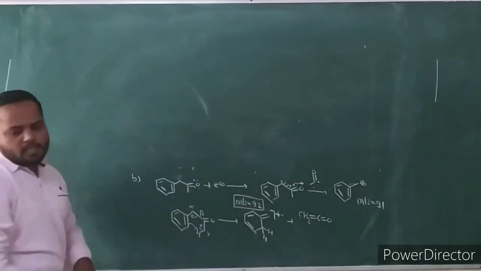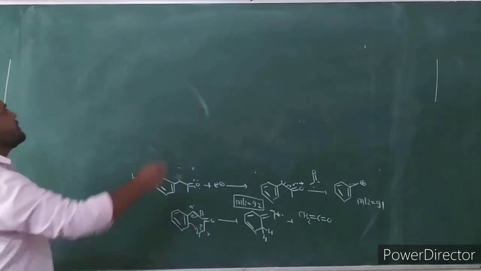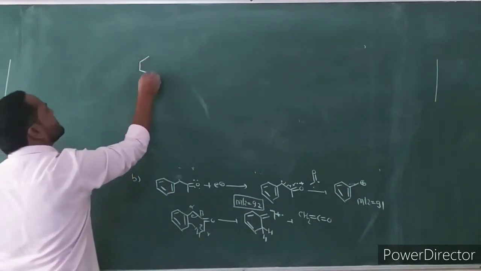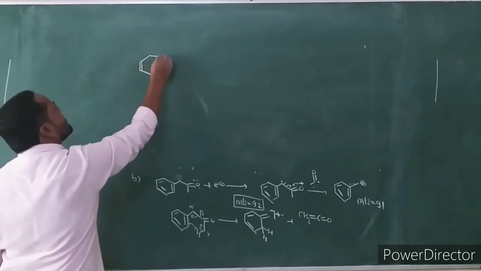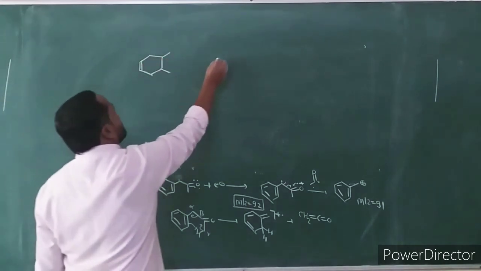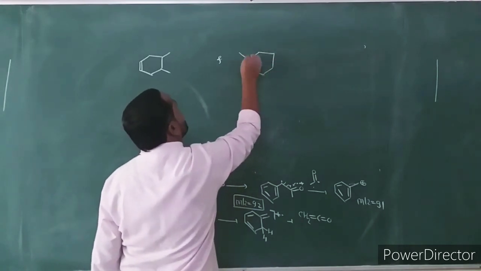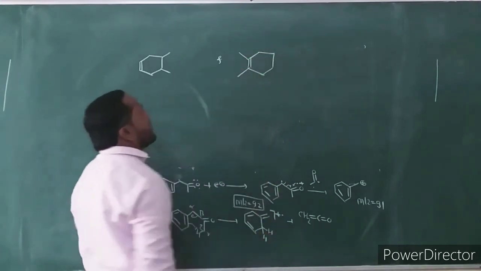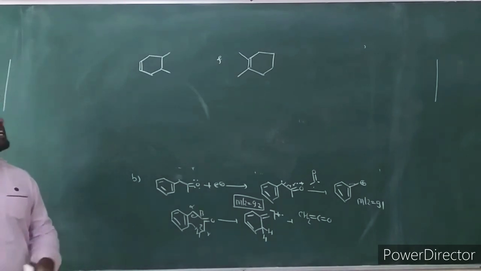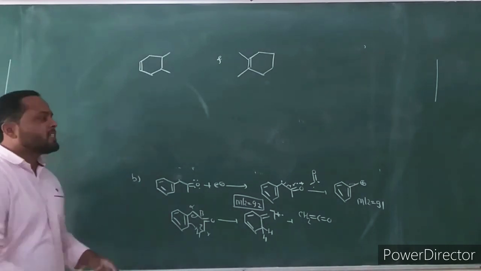Then consider one more example. This is the alkene. How do you distinguish two isomeric alkenes with the help of mass spectra?